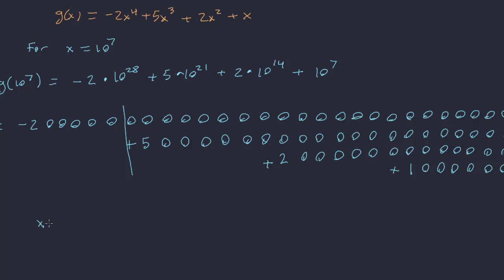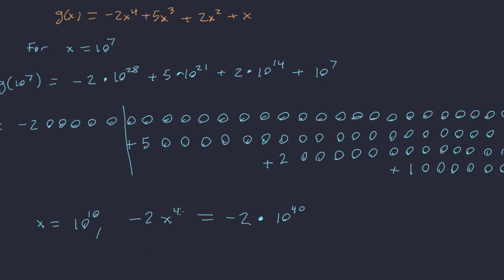If x is equal to 10 to the 10, then negative 2x to the 4th is going to be negative 2 times 10 to the 10 raised to the 4, so that's going to be 10 to the 40.